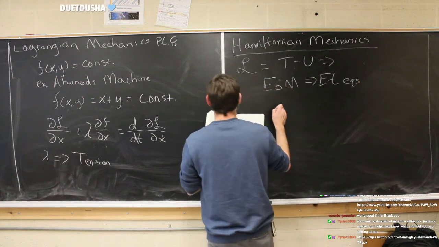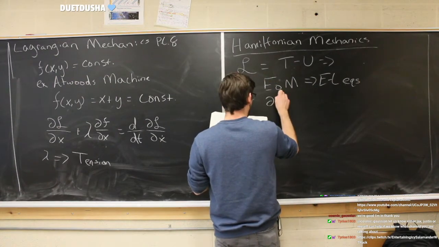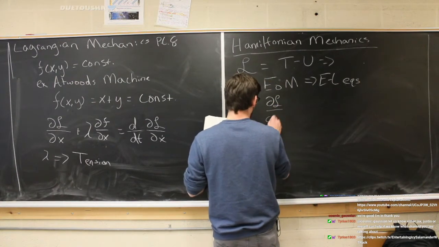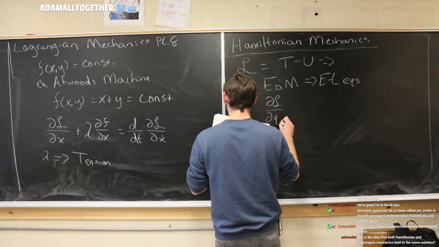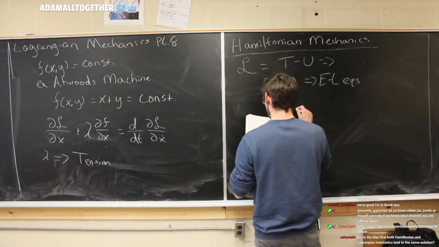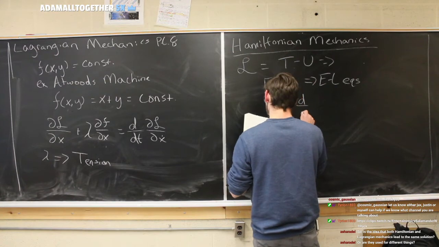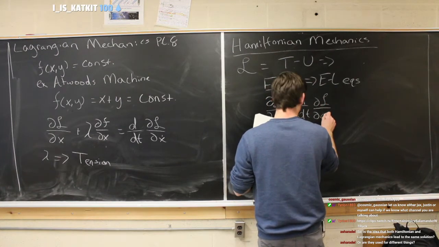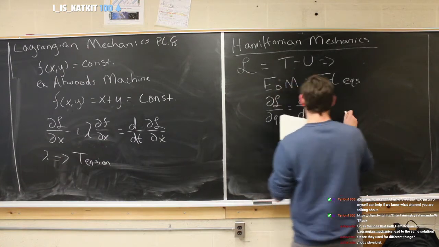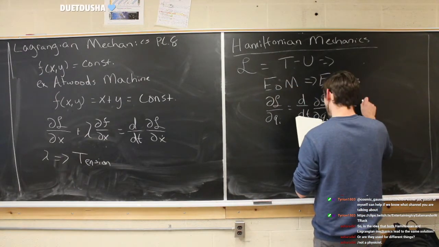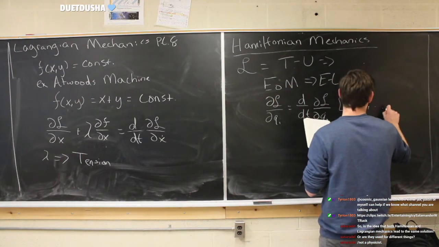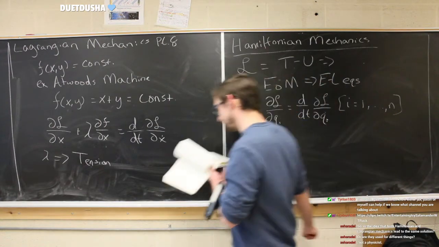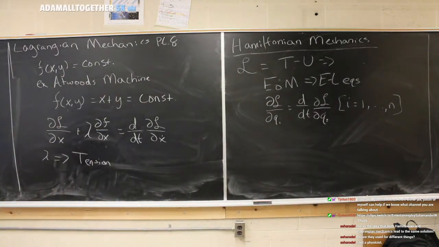The Euler-Lagrange equations are: the derivative of L with respect to q_i, where q_i is the generalized coordinate we talked about, is equal to the derivative with respect to time of the derivative of the Lagrangian with respect to q_i dot. And these generalized coordinates i run from 1 to however many generalized coordinates you want. For all intents and purposes, we're going to stick with one generalized coordinate for today.